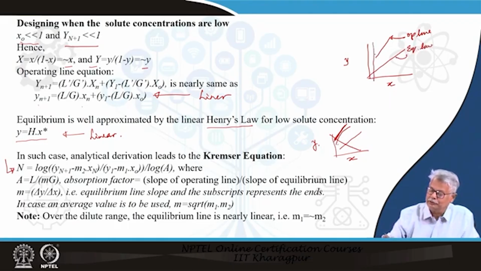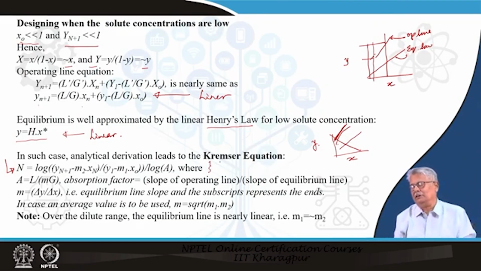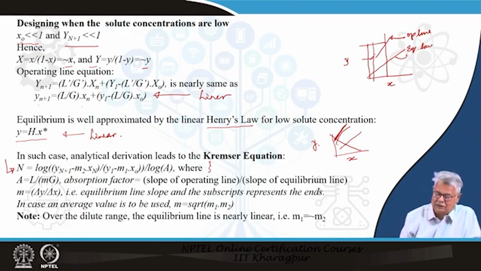Now when you have to go from x0 to xn, or the value of y has to go from here to here, the number of steps can be found out geometrically, or rather it is nothing but having an analytical expression for this particular geometry, that how many steps are really required in order to go from this point to this point.